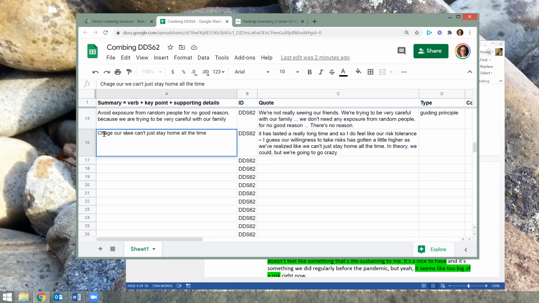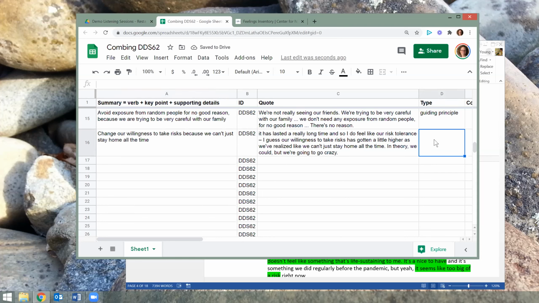Change our willingness to take risks because we can't just stay home all the time. Change has to have an N in it. No, not an M, an N. There we go. Okay, so now it sounds like an explanation.